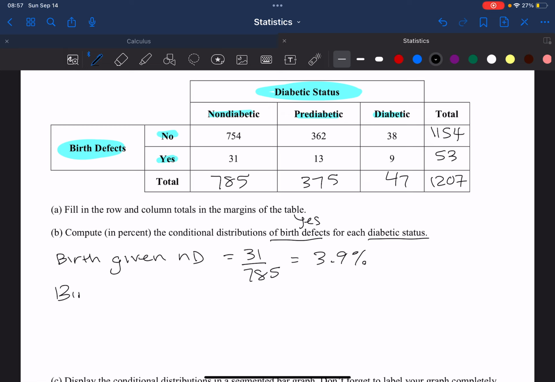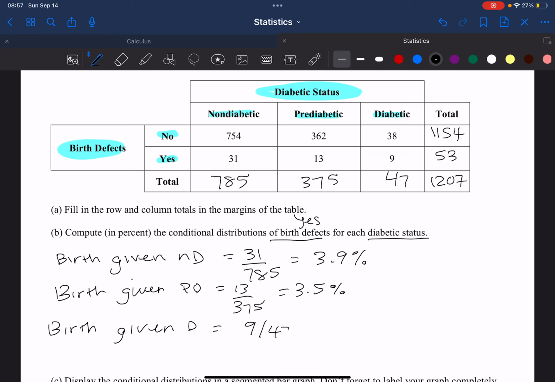And the next one is birth defects given pre-diabetic. So this is 13 out of 375, which is 3.5%. And the next one is birth defects saying yes given diabetic, which is 9 over 47, which is 19.1%.